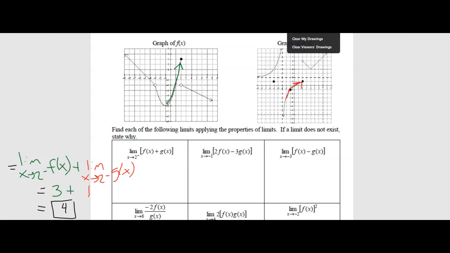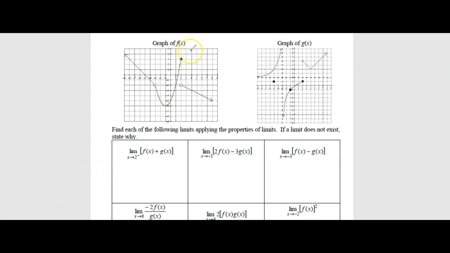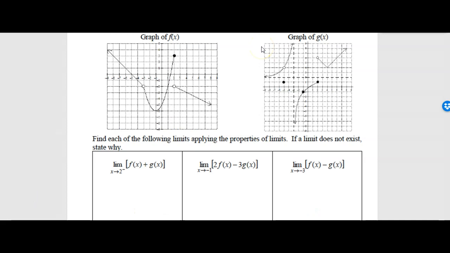All right, let's do one more on this top row so that I can still keep the graphs on the same page. Okay, we're going to do number 3. Same idea here. We're subtracting, and we're finding the actual limit, not a one-sided limit.